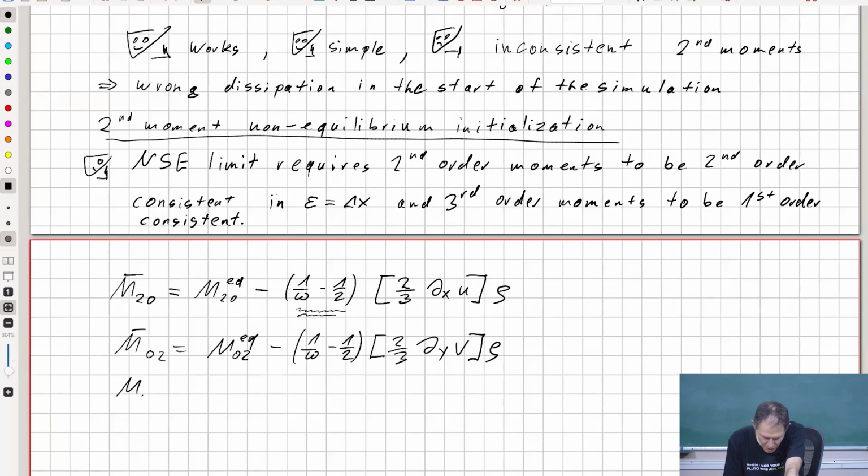And then there is the third one, this m11 is equal to m11 equilibrium minus 1 over omega minus 1/2, and this goes into, I think I write the 1/3 here in front, dx v plus dy u times rho.